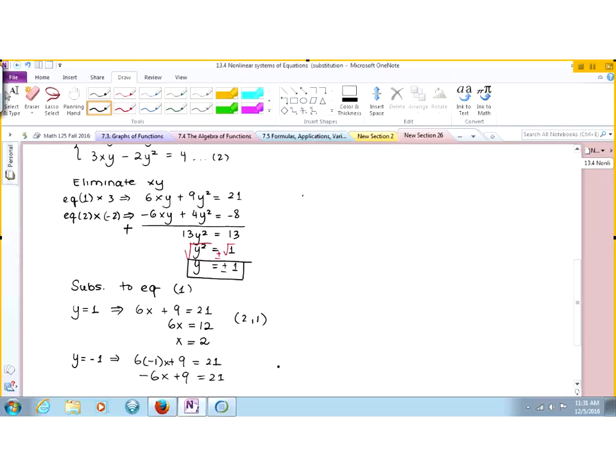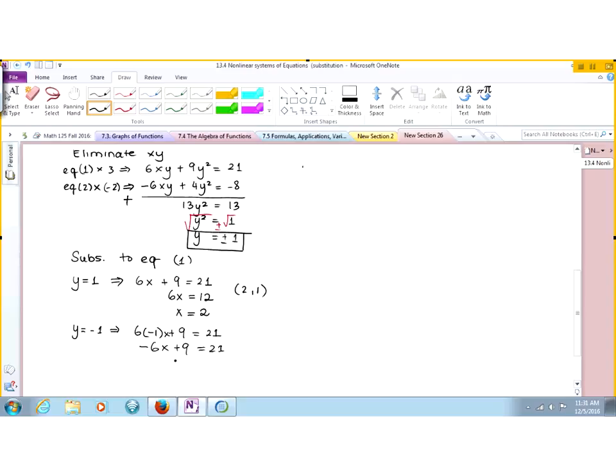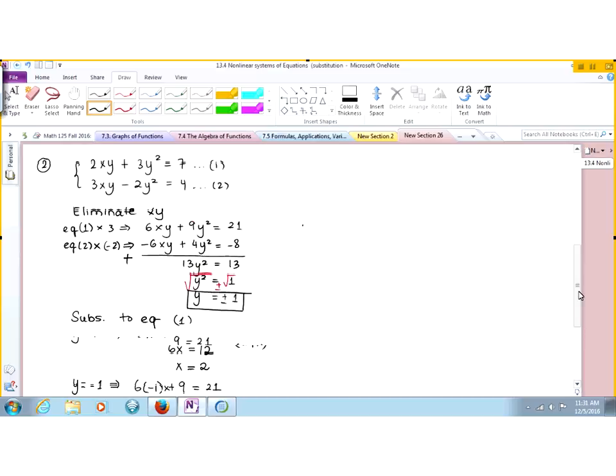So -6x plus 9 is 21. Then what? -6x is 12. What is x? -2. Yes. Good. So what is this? -2, -1?